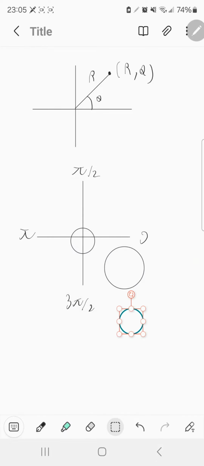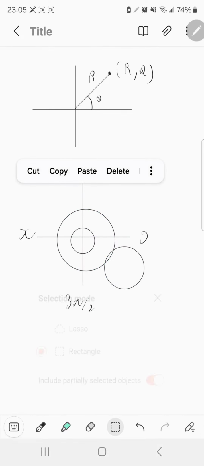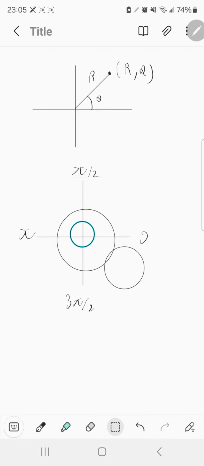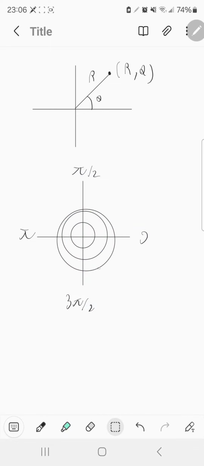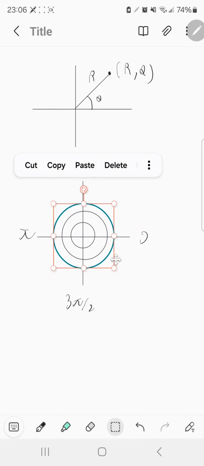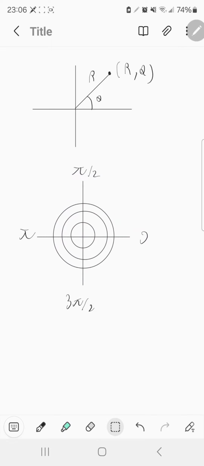So we had a graph that looked something like this. This is where our polar coordinates are going to lie on. This graph, each circle's getting bigger, like that. So this would be 1, 2, and 3.